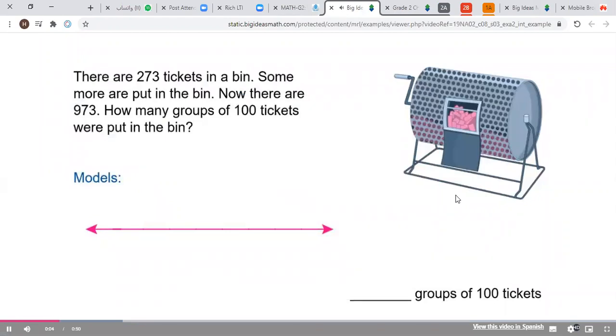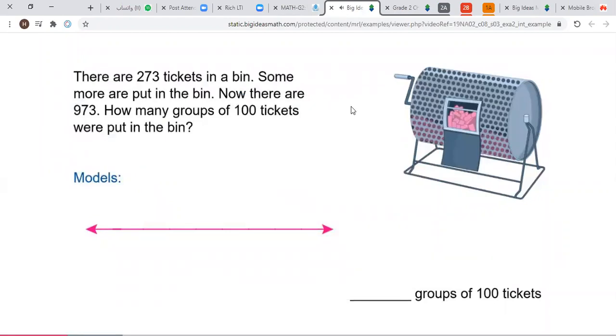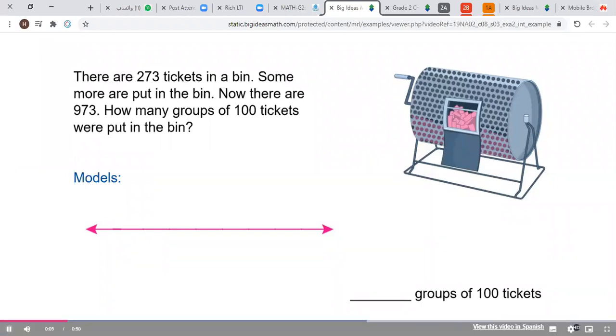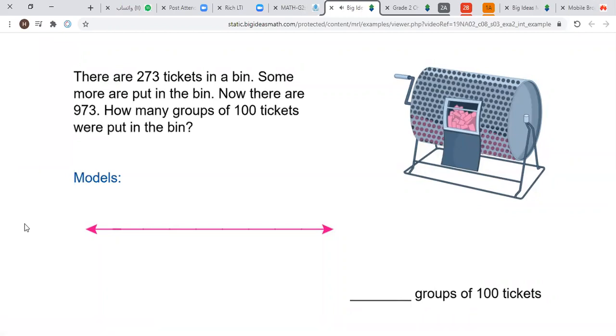Some more are put in the bin. Now there are 973. How many groups of 100 tickets were put in the bin?